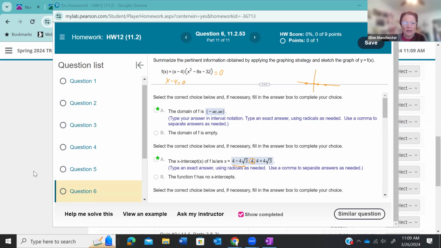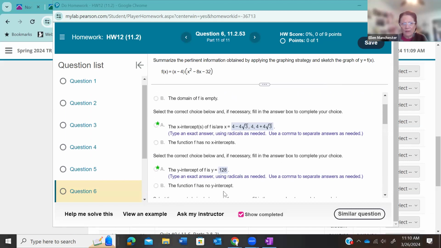Okay, so that's the second part. And then the y-intercept, right? So again, if you're graphing, the y-intercept is anything that lands on the y-axis. Well, that's when x is 0. So all you had to do was replace x with 0.